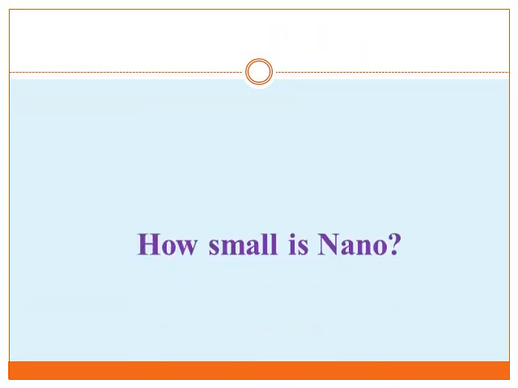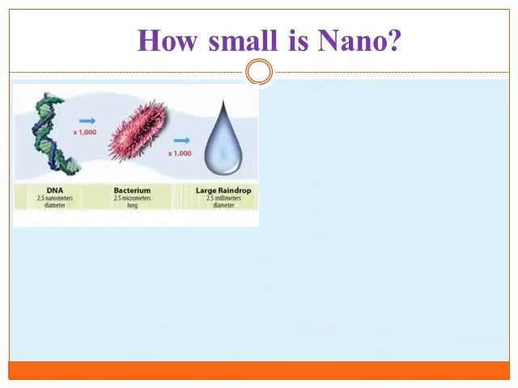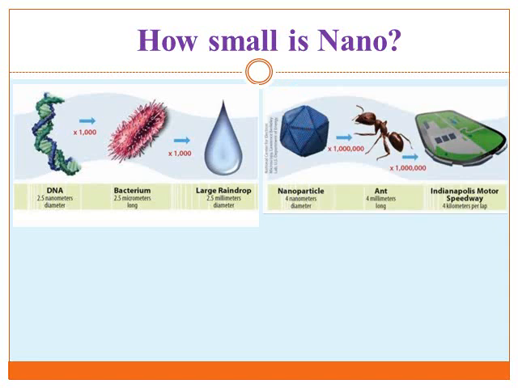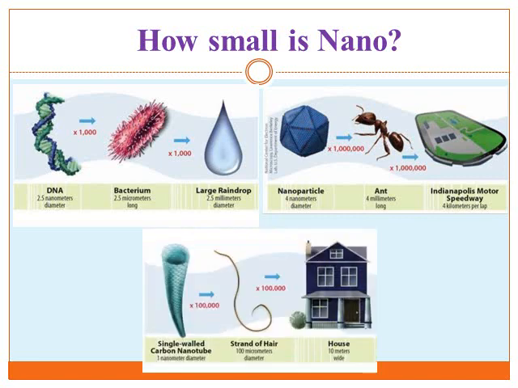Now, consider DNA. DNA is 2.5 nanometer in diameter. Bacteria are 2.5 micrometer long, and a large raindrop is 2.5 millimeter in diameter. A graphene kind of molecule in nanometers is 4 nanometer in diameter. An ant is 4 millimeter long, and you can compare different materials that exist in nature with the nanomaterials.